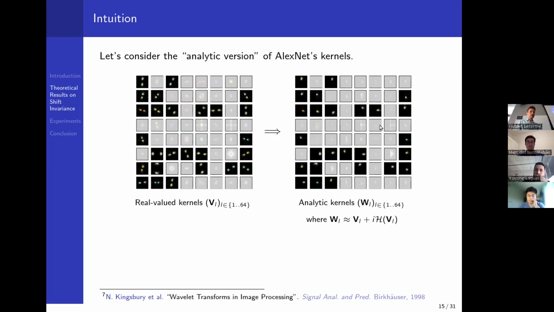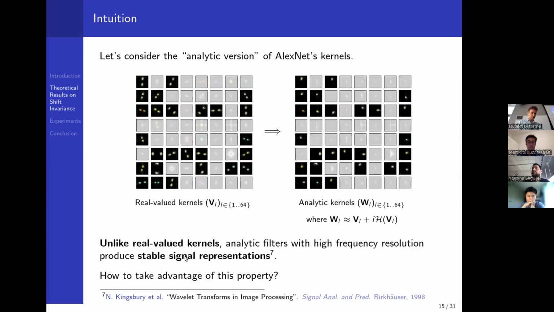So the question is, can we somehow transfer this stability property that we observe, and that we can prove, on analytic signals to the real valued kernels? Can we somehow transfer this property?